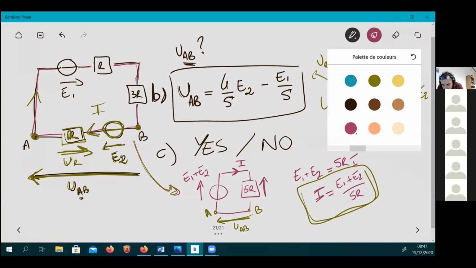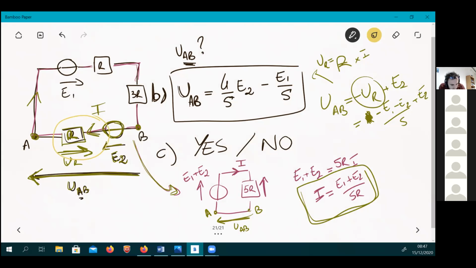Sorry, I'm just going to change color. Yes, okay. Receptor convention, UR equals R times I. It's negative because when you check the direction of UAB, you see that UAB is minus UR plus E2, and you get the final result just below.